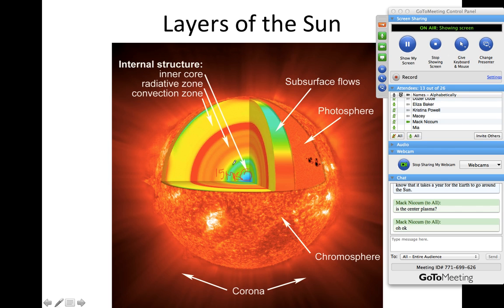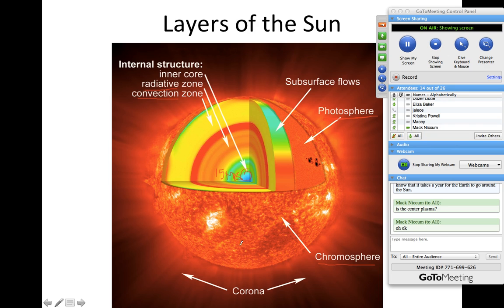Then away from the core, you have the radiative zone, and outside of that the convection zone. The next layer is called the photosphere. That is the layer of the sun that we see. The chromosphere is an area that has different colors. And then the corona.